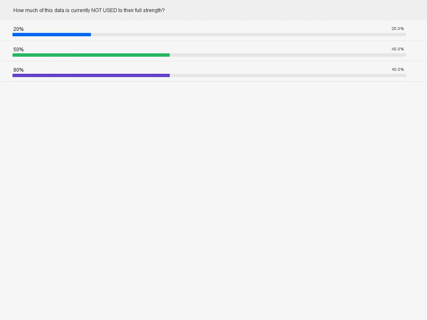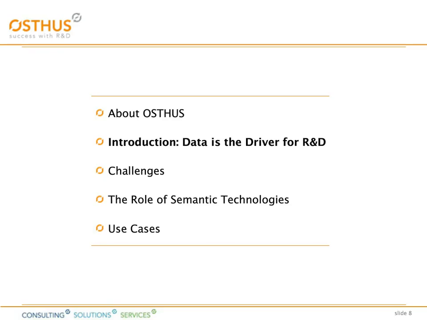The first thing is that because most of the data is unstructured, it is more difficult to use, so that has high efforts to create value from the data. And from our experience, the combination of unstructured with structured data is essential to use the data in their full strength. So next, I will explain why data is the driver for R&D.